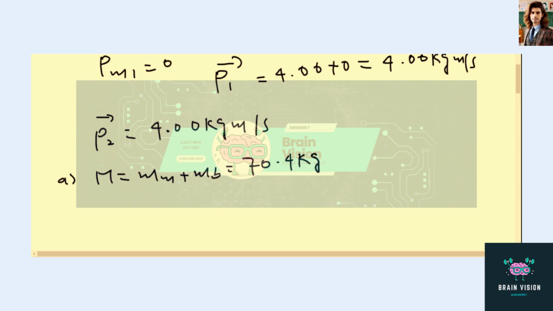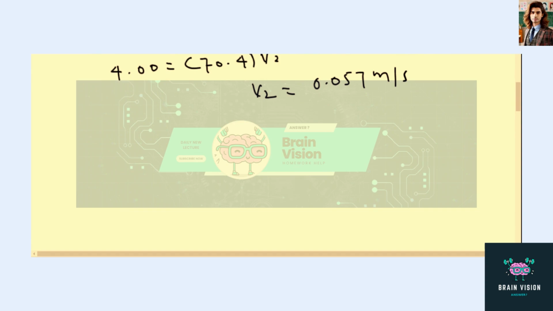Now substituting for P2 and capital M into equation number 2, we have 4.00 is equal to 70.4 times v2. So v2 is equal to 0.057 meter per second. All right. And now let's do part B.